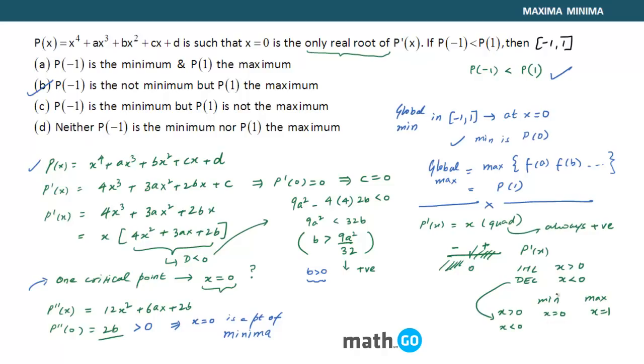So where will the minimum value be obtained? Again at 0, and the maximum will be obtained at -1, right? So you can easily see that the minimum is for sure at x equal to 0. The only problem is with the maximum. Either the maximum value will be obtained at 1 or at -1, and we are given that p(1) is greater than p(-1), so p(1) is the answer. I hope this question is now pretty much clear.